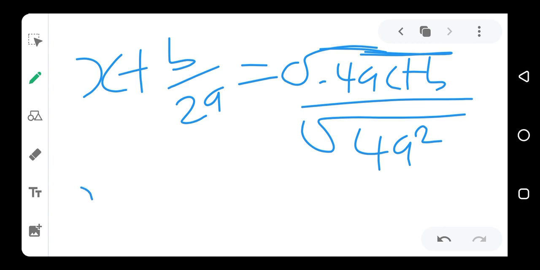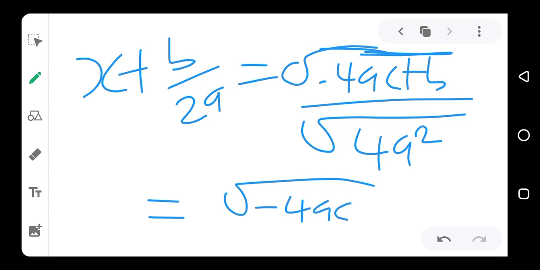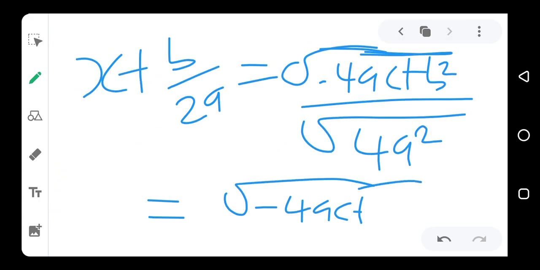Now this is equal to root of minus 4ac plus b squared, that is b squared minus 4ac, over root of 4 is 2 and the root of a squared is a. The root of a value that is squared is that value, so we have 2a.